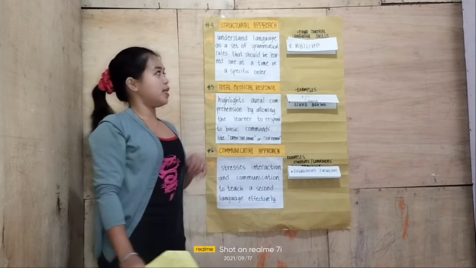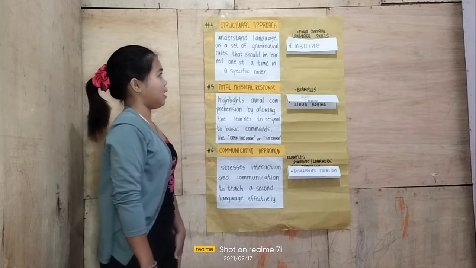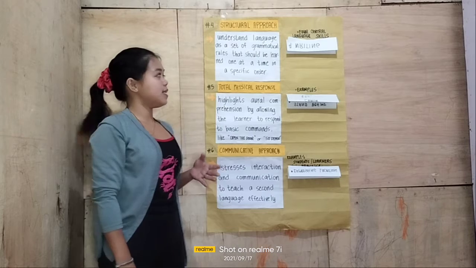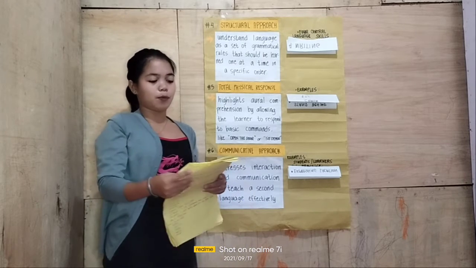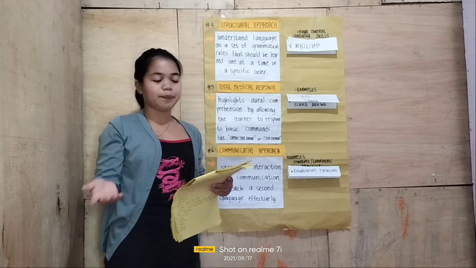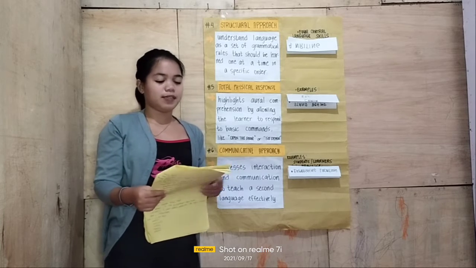The fourth one is the structural approach. The structural approach understands language as a set of grammatical rules that should be learned one at a time in a specific order. This approach focuses on mastering these structures, building one skill on top of another instead of memorizing vocabulary.